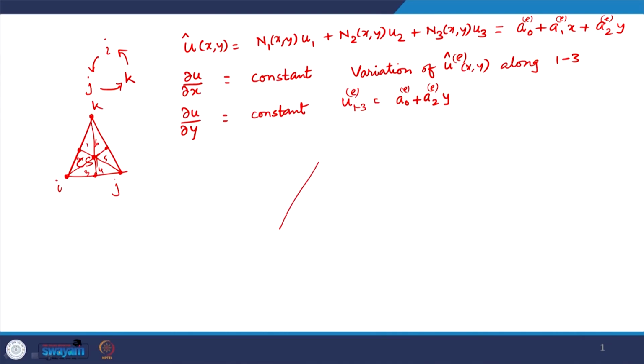We may have one particular element, for example a very skewed element like this, right. So, if this is the skewed element, then the coefficient matrix may be ill conditioned, because there is not much of a difference between this line and this line, they are very close by.